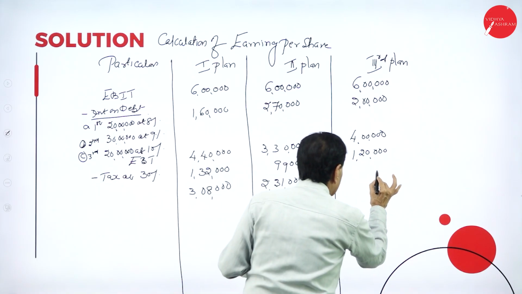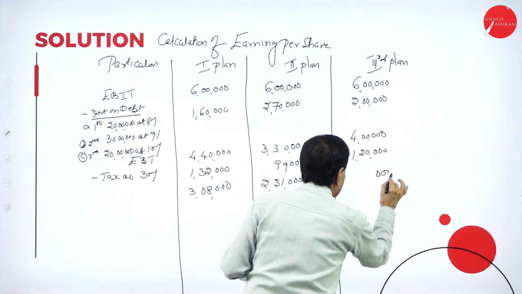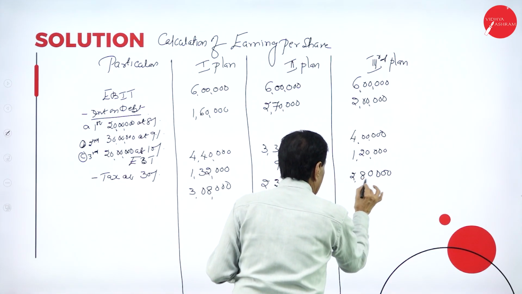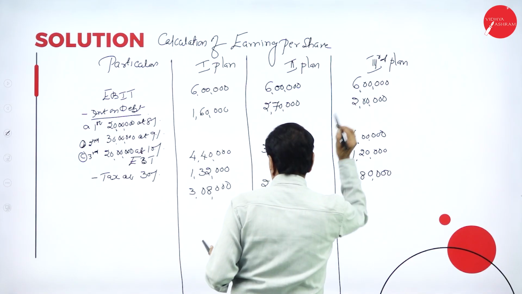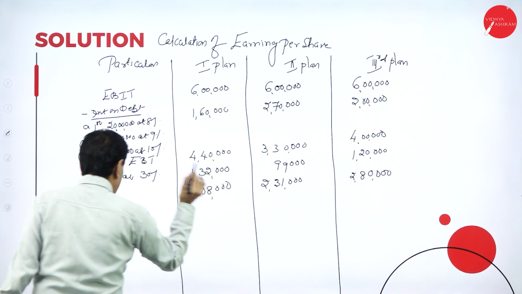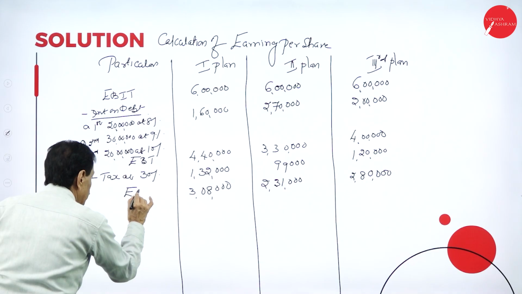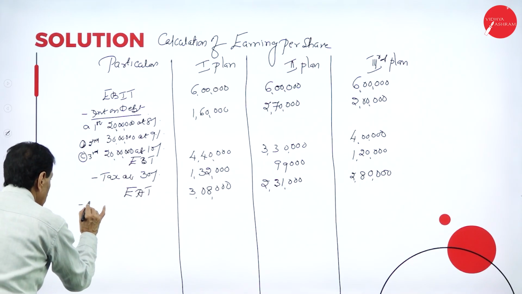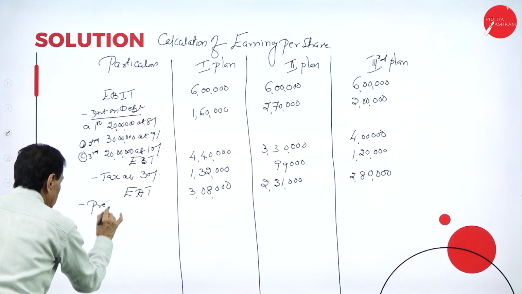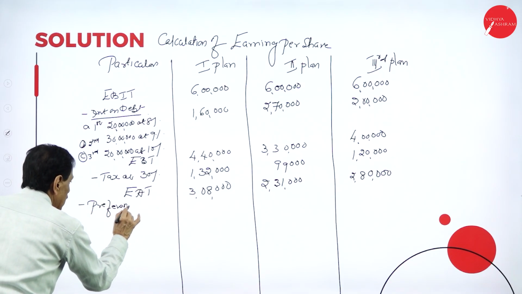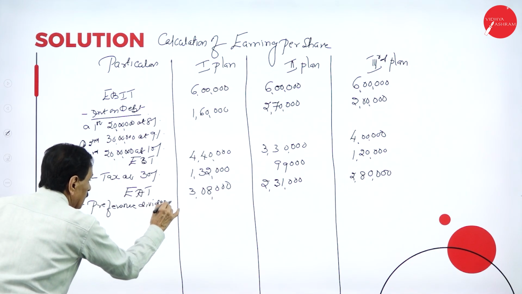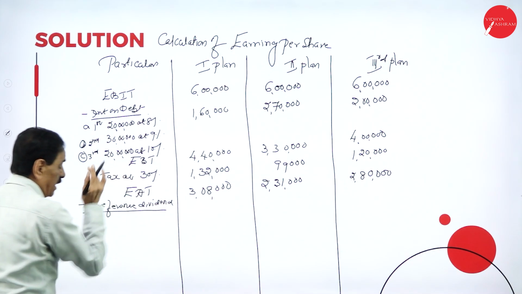This is 0, 0, 2,80,000. Earning after taxation minus preference dividend on preference share capital.